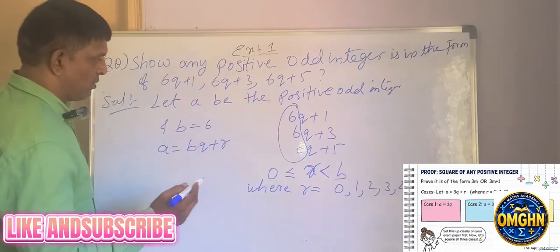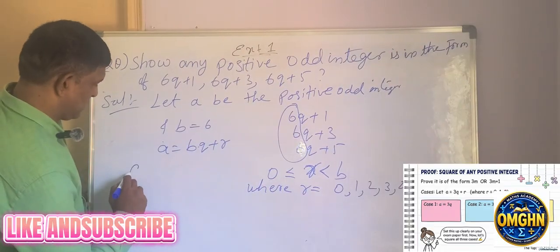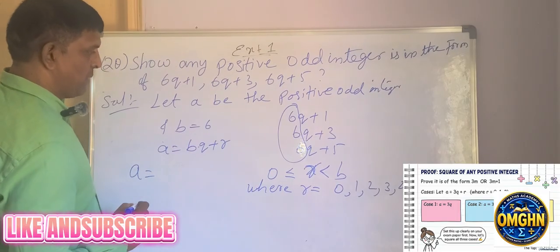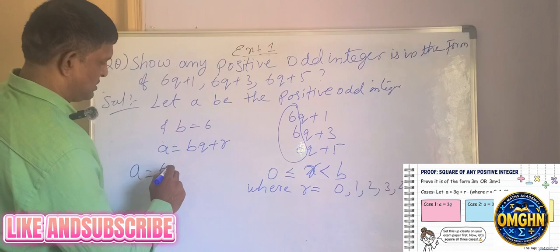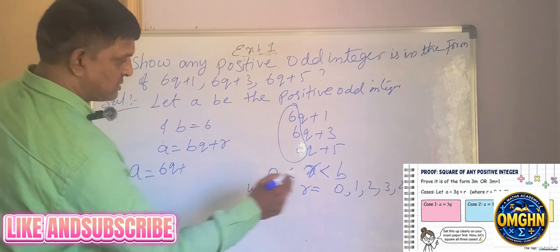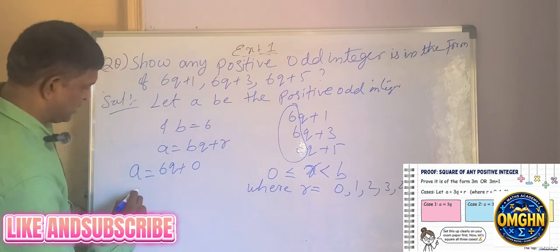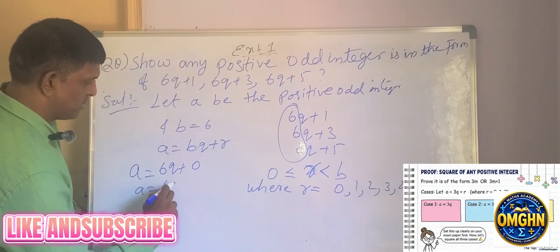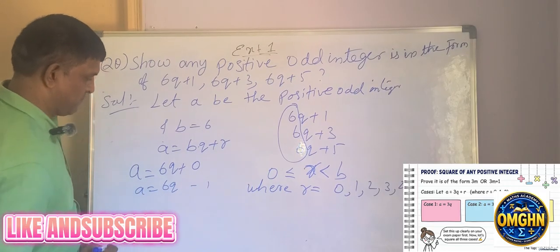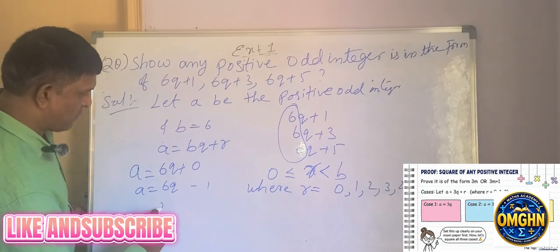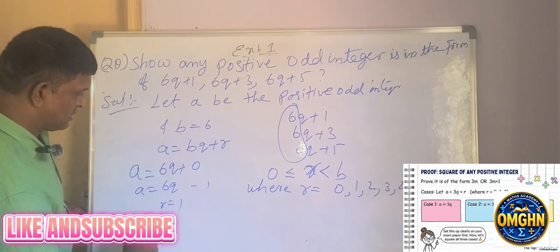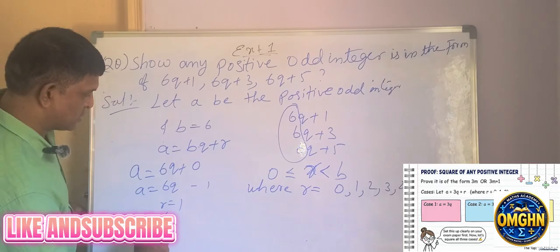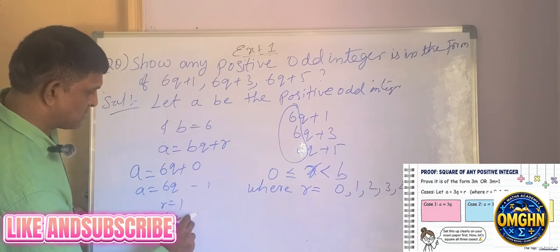Now, according to the question, A equal to BQ plus R, where B is 6, Q is the same. Now R we are taking as 0, that is A is equal to 6Q. This is the first case. Now R we are taking as 1. Substituting here also, A is equal to 6Q plus 1.